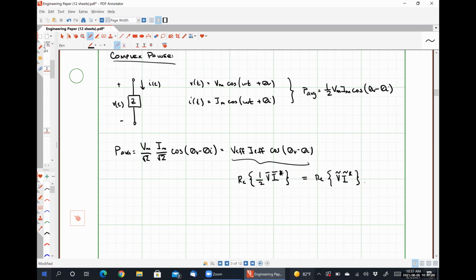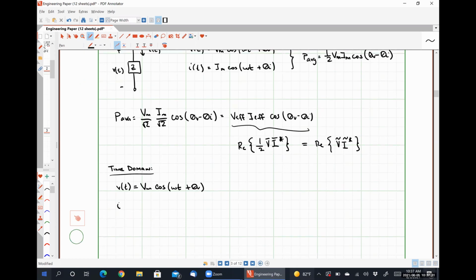So I'd like to spell things out again about how we convert from the time domain all the way through this chain. In the time domain, we may have a voltage v of t equal to Vm cosine(omega t plus theta v), and current Im cosine(omega t plus theta I).